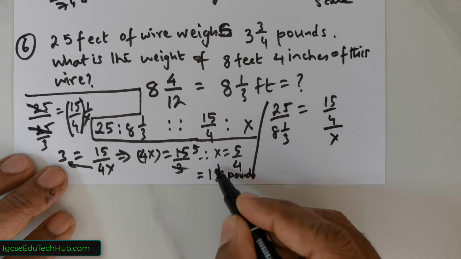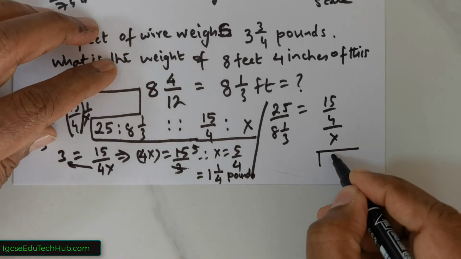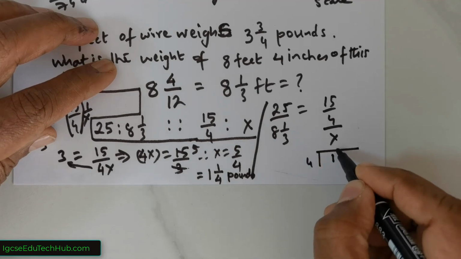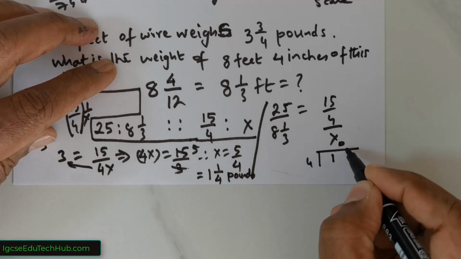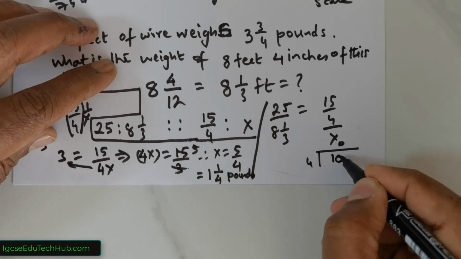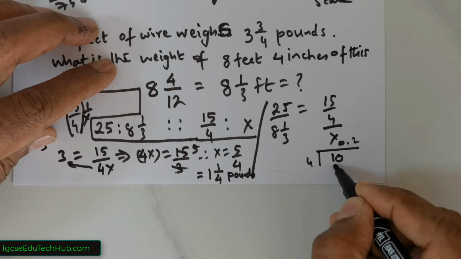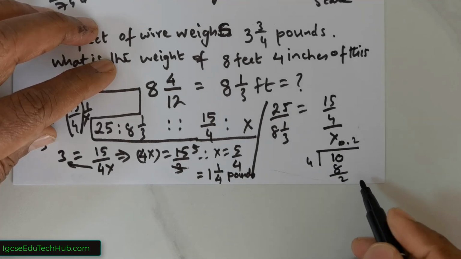Now if you don't want this 1 over 4 fraction, just go up here, divide 1 by 4, you get a 0 there, and then you add a 0 here, and a point has to be there. So 4 divides 10 2 times, 4 2s are 8, you have remainder 2.